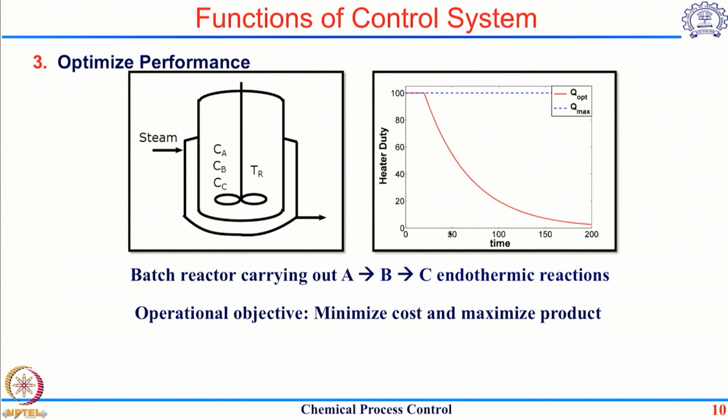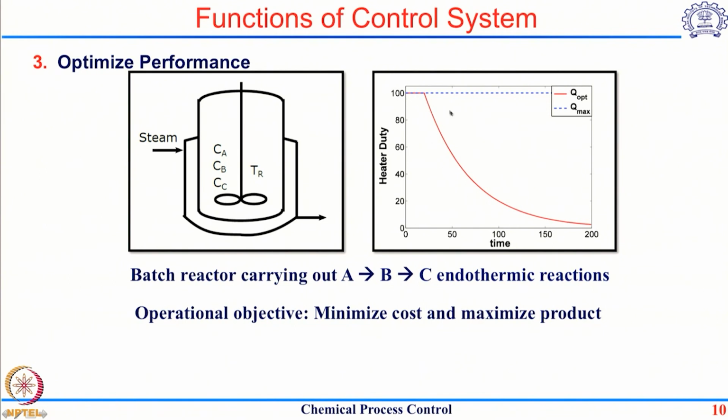In that case the cost of utility is very low, but you are also not making any product. So the best operating policy in this case comes out to be, you provide maximum heat till you get a sufficient amount of product B, and then slowly you keep on reducing the heat duty, so that the B to C reaction gets suppressed, and also you save on energy cost coming from steam.